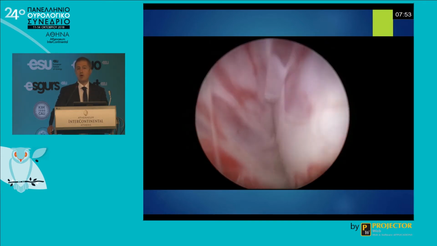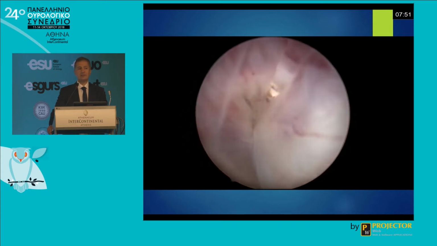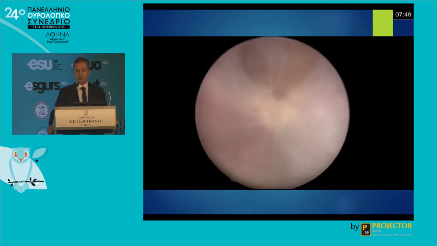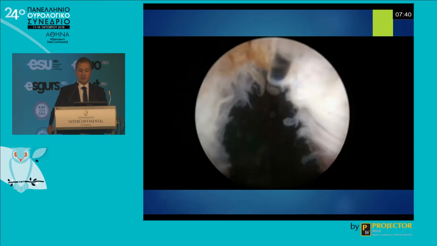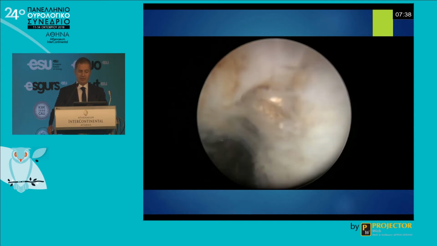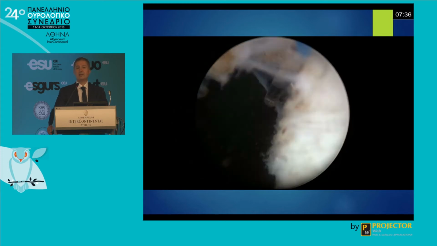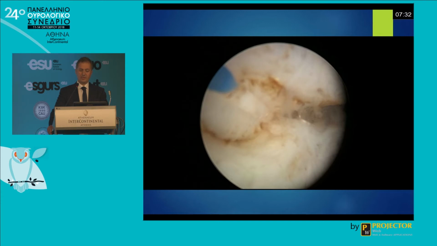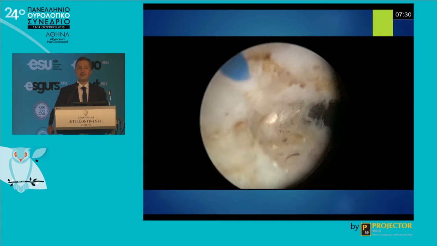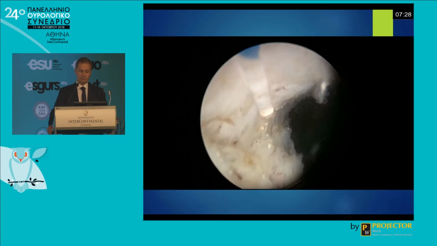You know, with the holmium laser, the energy is absorbed by the water. Then it causes an explosion, and it works like a blunt dissection, like your finger. So you see I'm doing the resection, incision to the 12 o'clock area now.